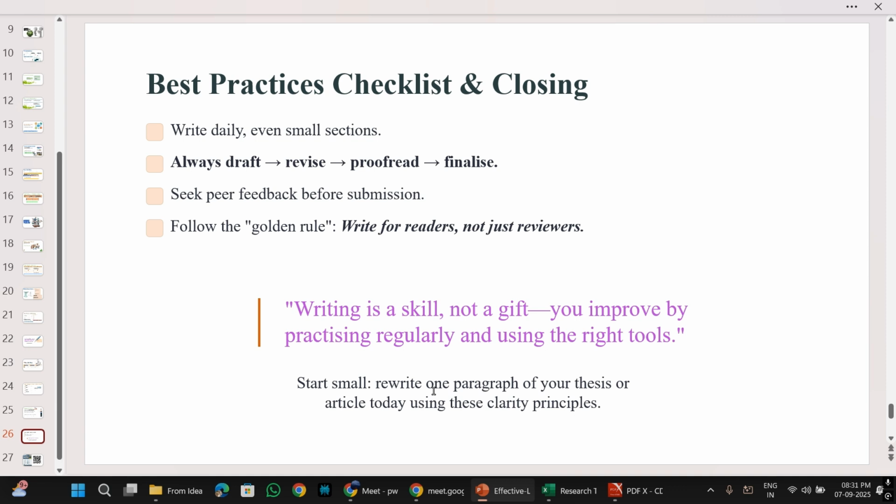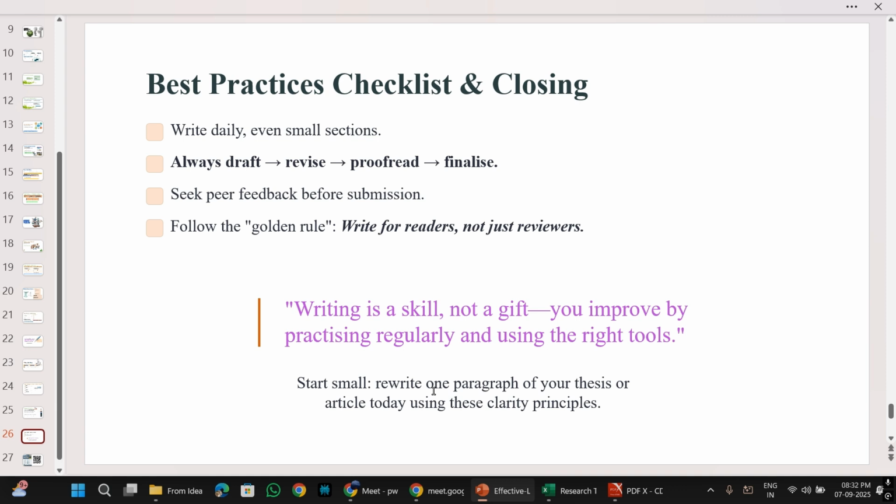I'm essentially talking about that course on Coursera, Writing in the Sciences. Just take that course. So start small: rewrite one paragraph of your thesis or article today using these clarity principles. Whatever you have learned here, you can use to go through your writing.